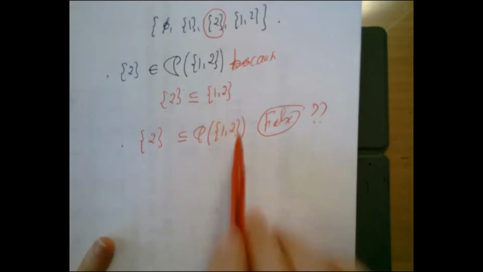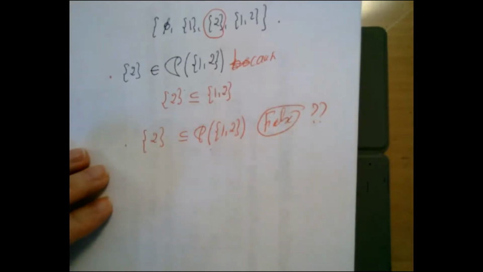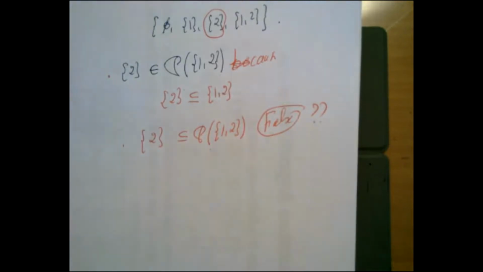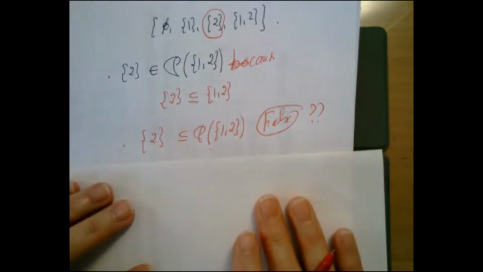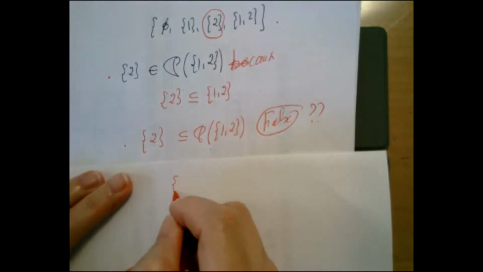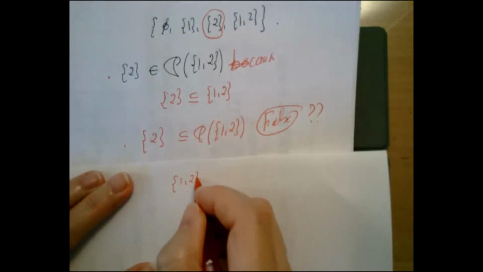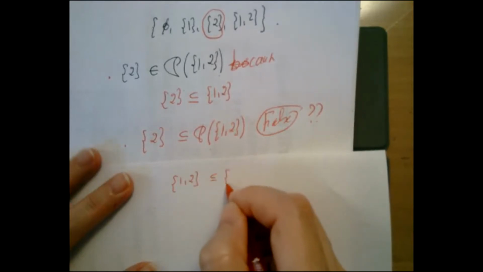Anybody can tell me why this is false? Okay, suppose I tell you {1, 2} is a subset of {1, 2, 3}.